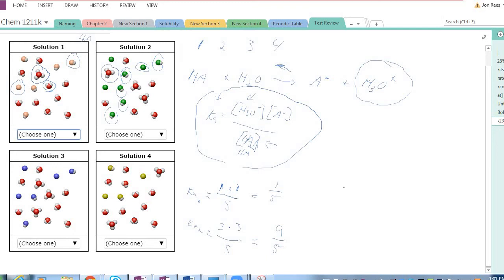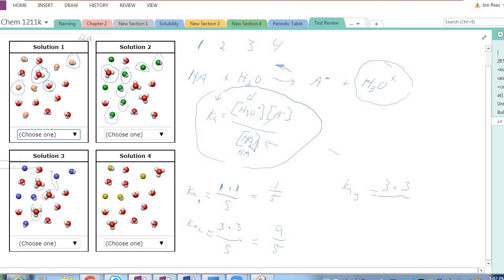When I do that math, that's going to give me a Ka of 9/5. Let's calculate the Ka of the third solution. It's going to be H3O plus. I see that I have 1, 2, 3 of those, so that's going to be 3, times the A minus, and I have exactly 3 of those.